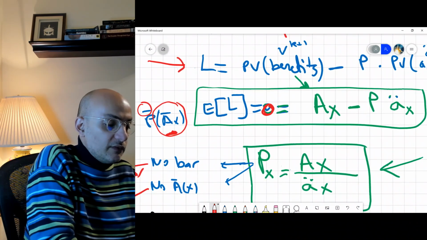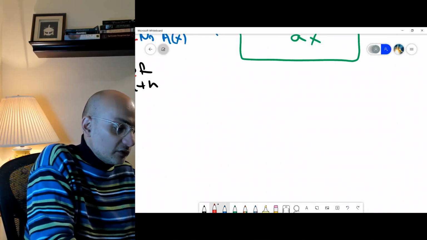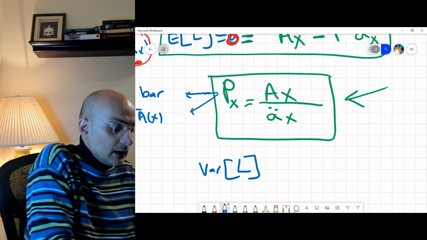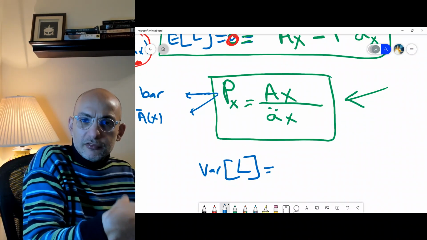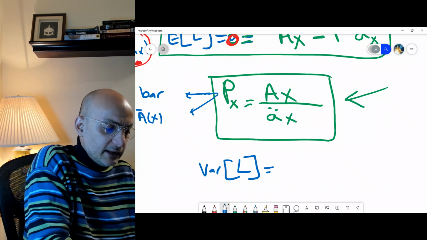Now, expected value of L is 0. Variance of L doesn't have to be 0, of course. Now, let's look at variance of L. Right? We derived the formula from the continuous case. So now we don't need to derive it again. It's the same logic, the way we derive it. Now we'll go directly to the formula.